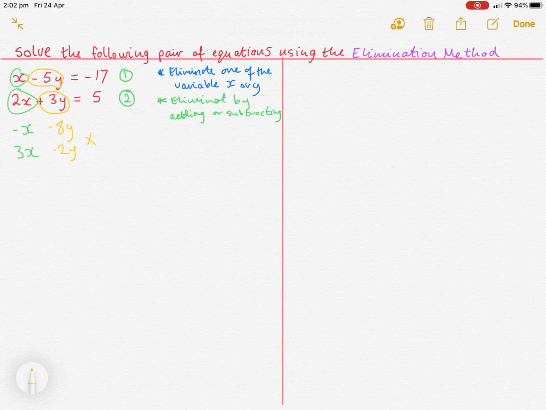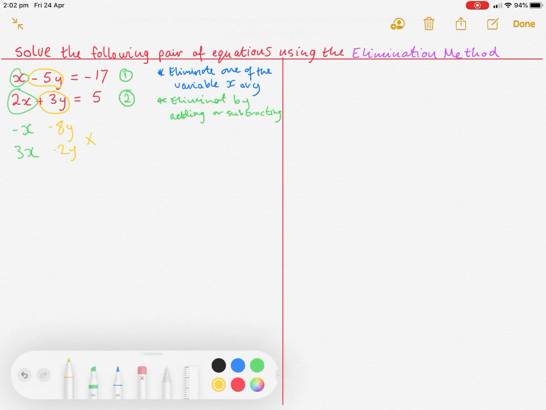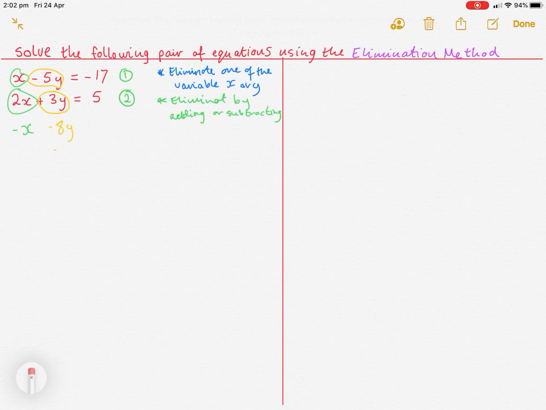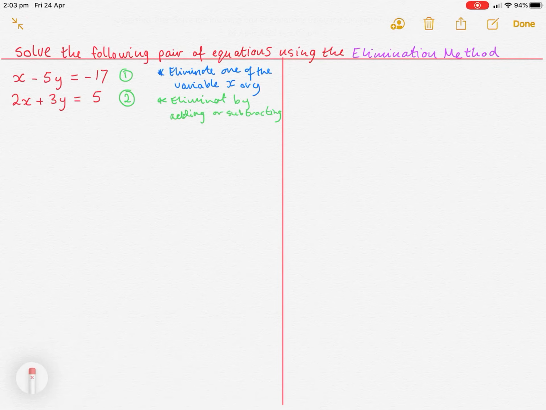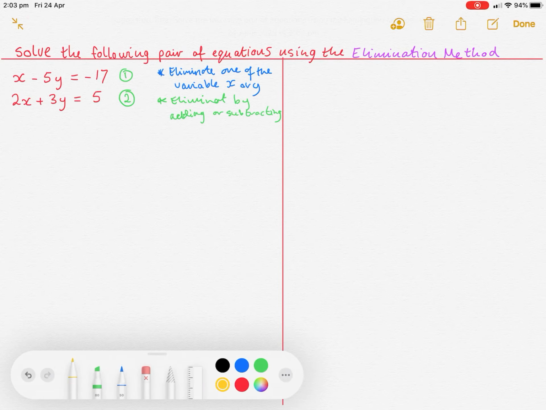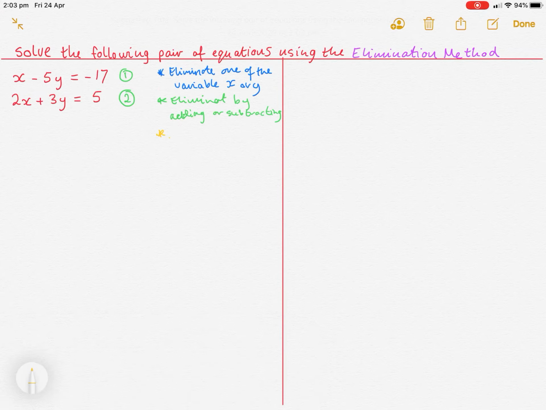So we need to manipulate one of the equations so that that's possible.